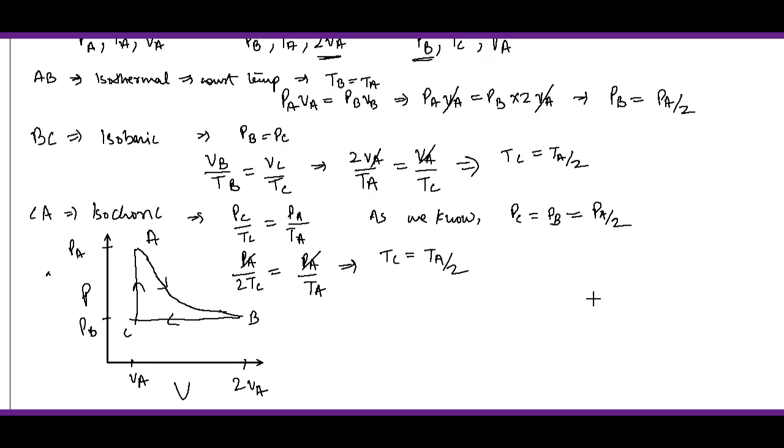Now for the PT graph, suppose this is P and this is T. So what is happening?